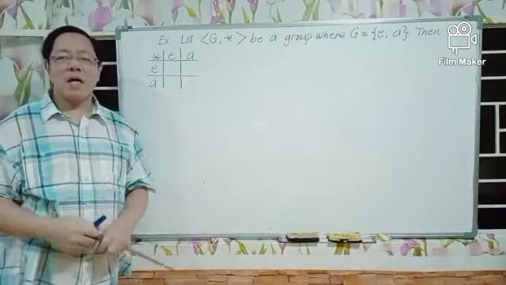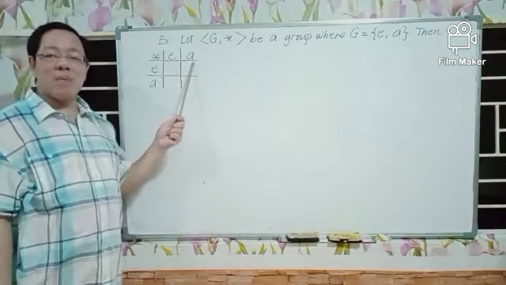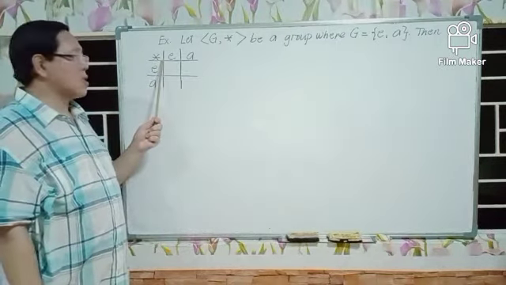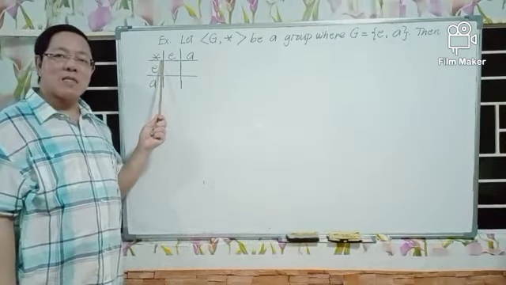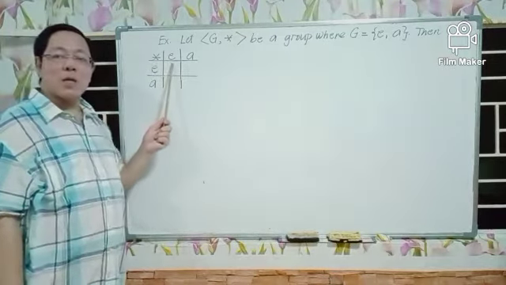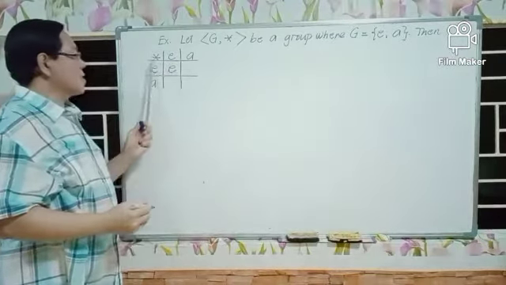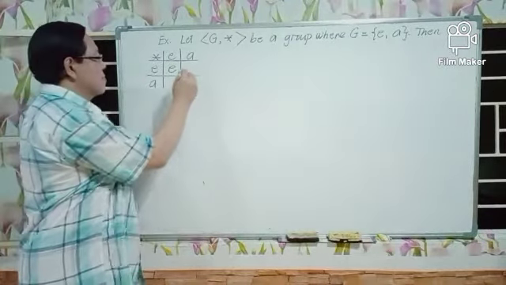Because e is the identity element, if we combine e with any other element of G by the binary operation star, the answer is that element of G. Hence, e star e is equal to e, and e star a is equal to a.